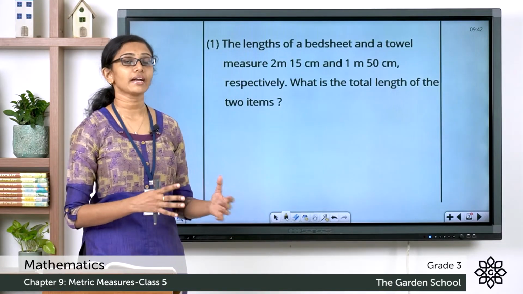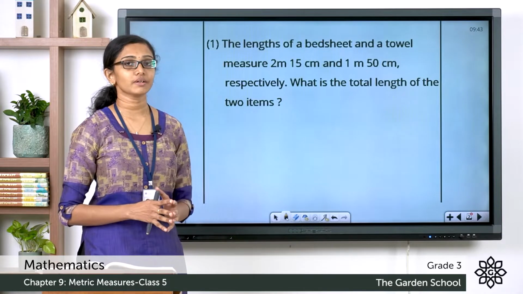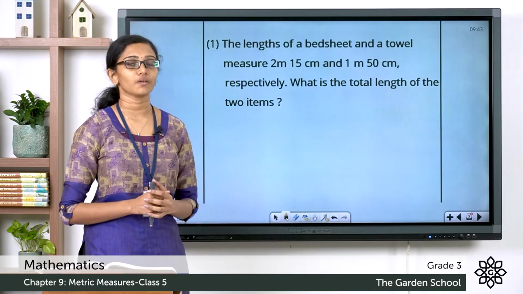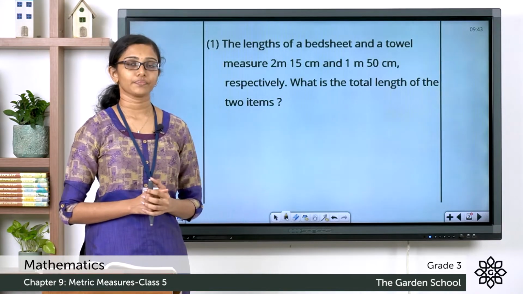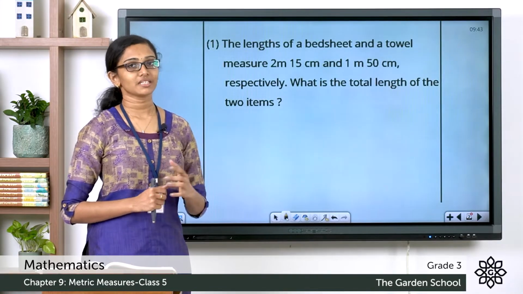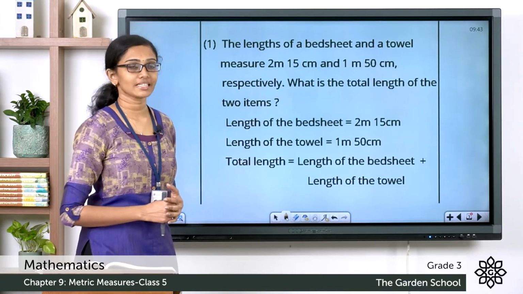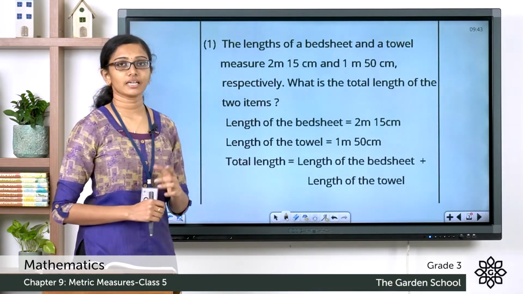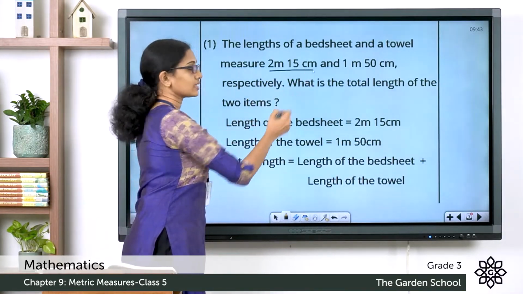So how do we add measurements of length? The first step is to write the given measurements in proper columns of units, and then you have to add the units separately. Now let's see the steps from the data given in the question. Length of the bed sheet is equal to 2 meter 15 centimeter, which is given in the question.